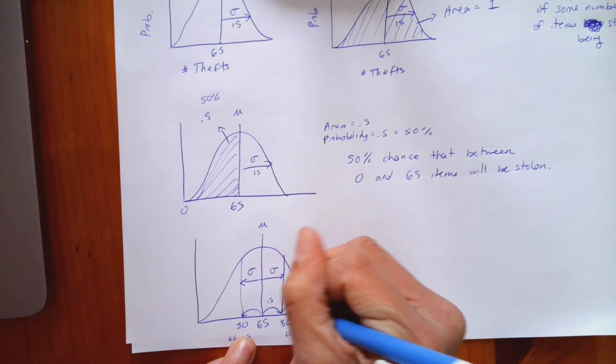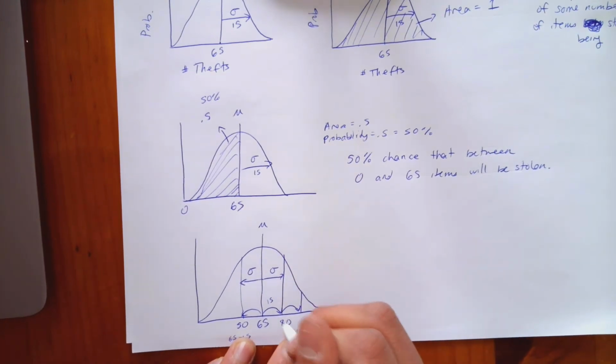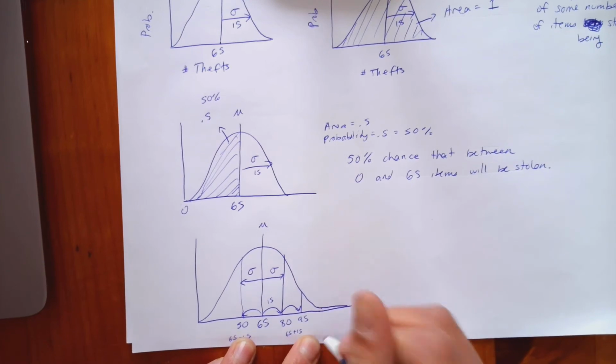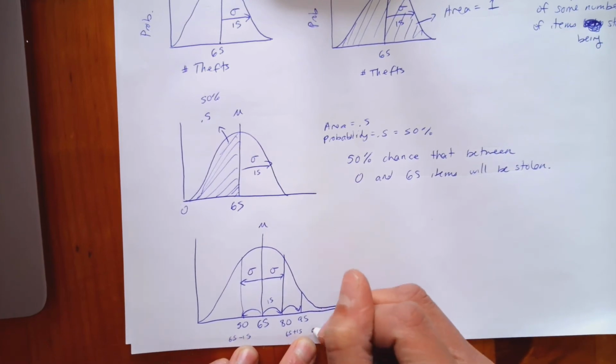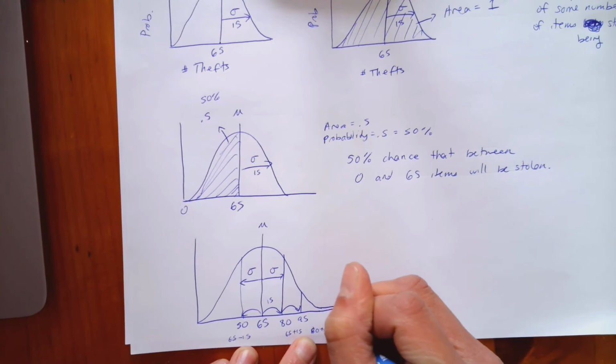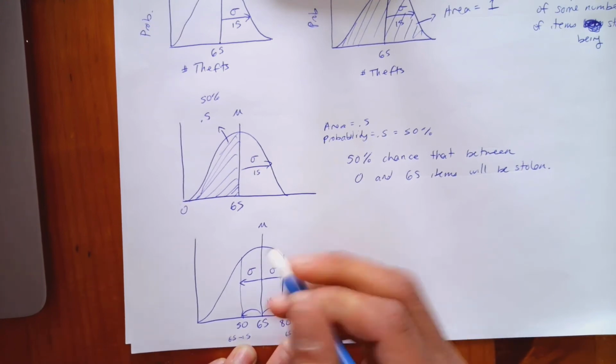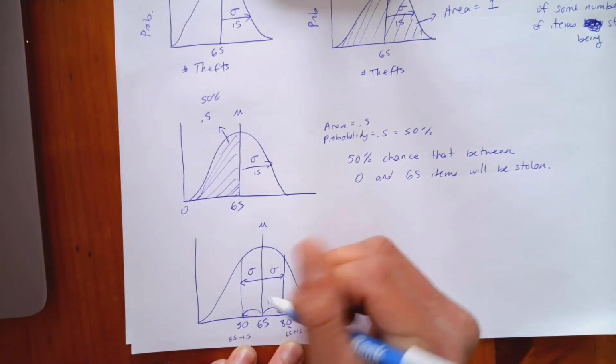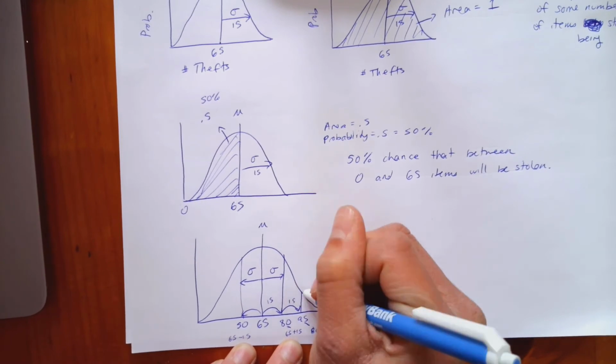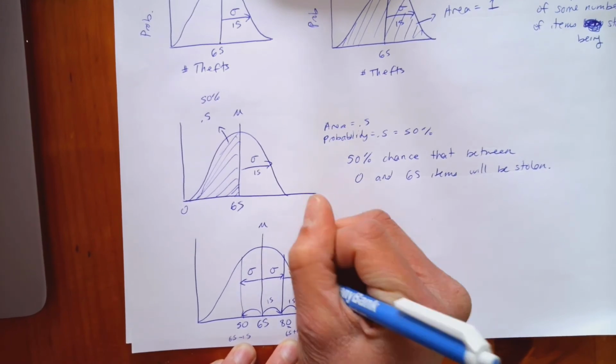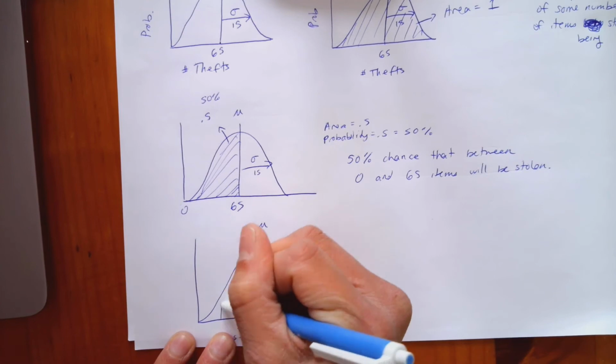And we can come up with values for 2 and 3 standard deviations as well. So if we go out another 15, we're adding 15 to 80, and we're at 95, which is 80 plus 15. So we've just hopped out another 15 units here, or in other words, another standard deviation. And we can do that on this side as well.